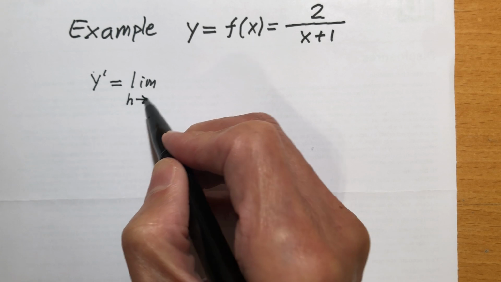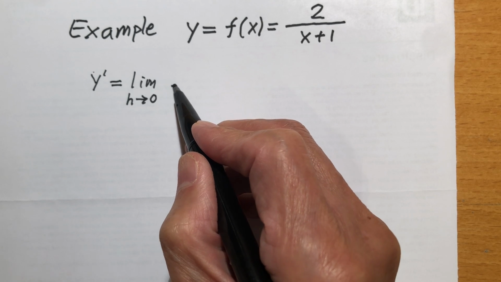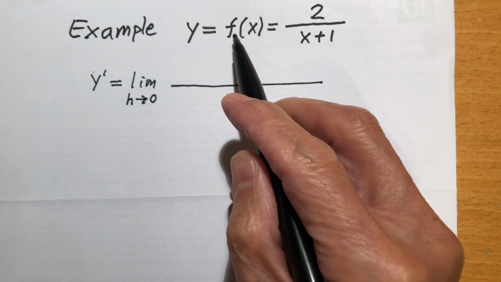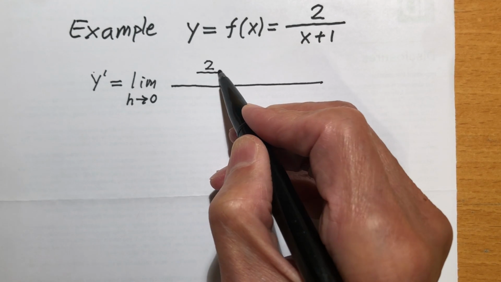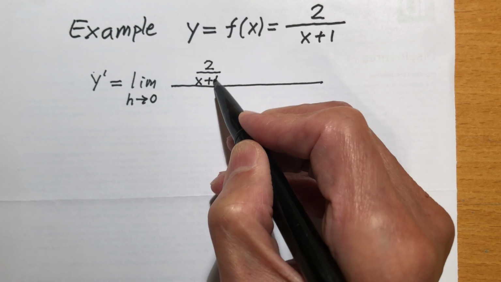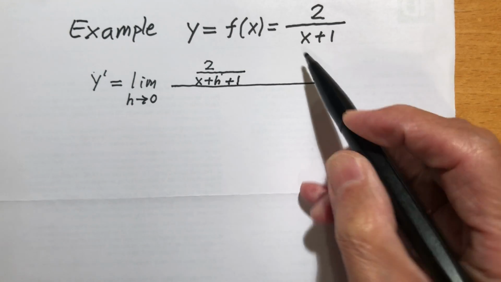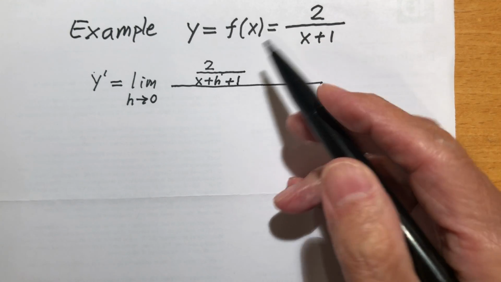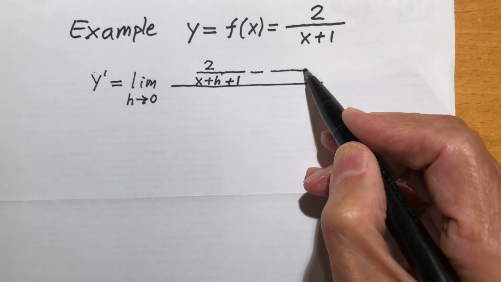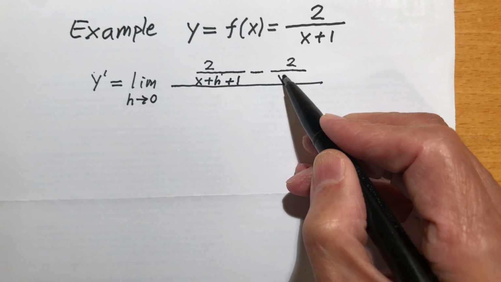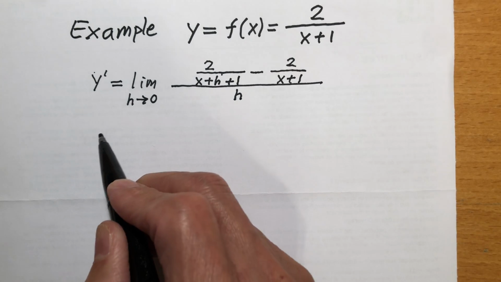h goes to 0, and I need f of x plus h. So x becomes x plus h. Then subtract the original function. The denominator is just h. So let's go on.